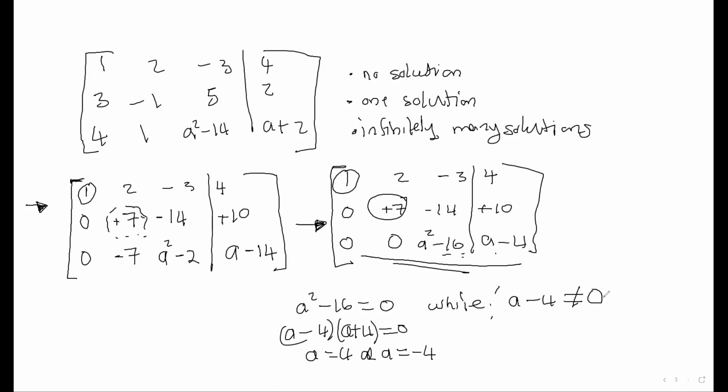We're going to get 0, and we're not looking for 0. But if we say a minus 4, what do you get? We get minus 8, which means this is the solution we're looking for. That means a is equal to minus 4 will give no solution.